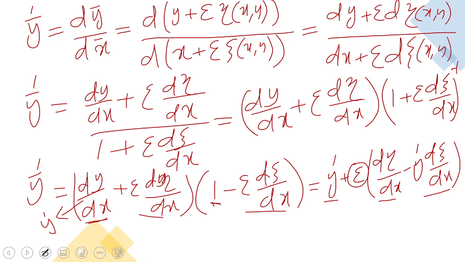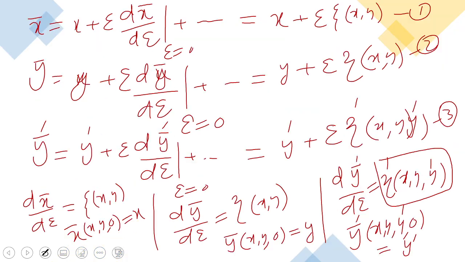Now let's say this is equation 4, so I have to compare this with 3. 3 is y bar dash equal to y dash plus epsilon eta 1 of x, y and y dash.